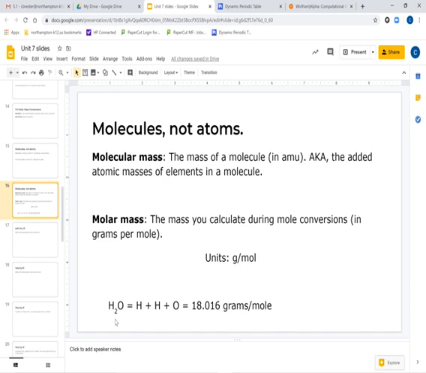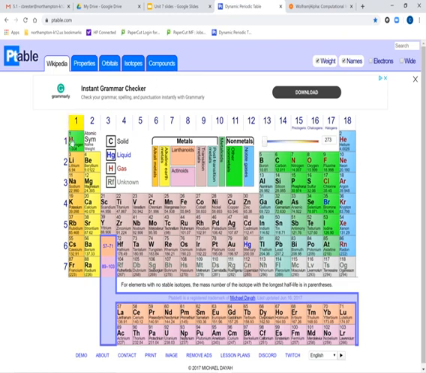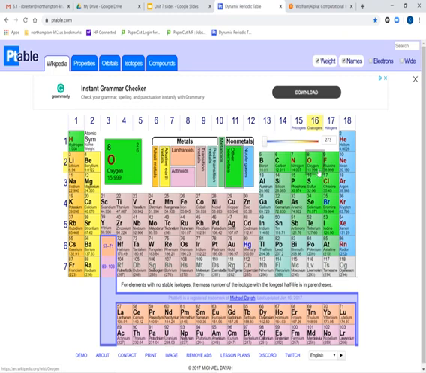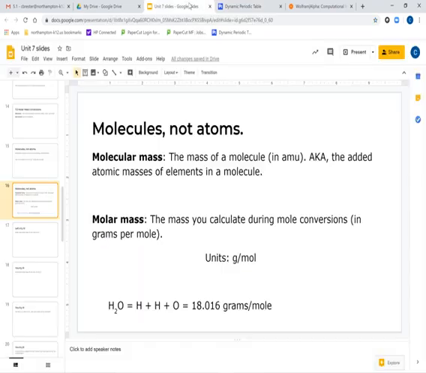So let's take water, for example. 2 hydrogens, 1 oxygen. If we go over to the periodic table, hydrogen is 1.008 AMU, and oxygen is 15.999. So 1.008 plus 1.008 plus 15.999 would equal 18.016 AMU.